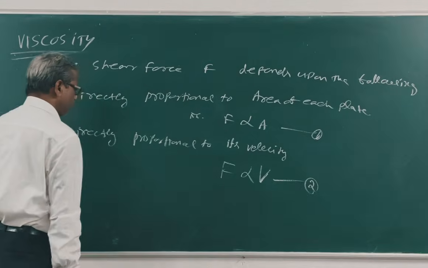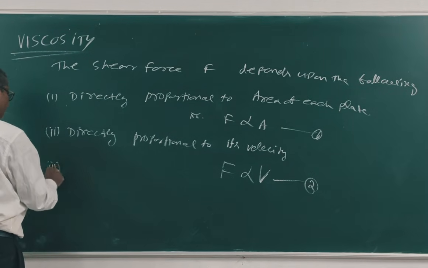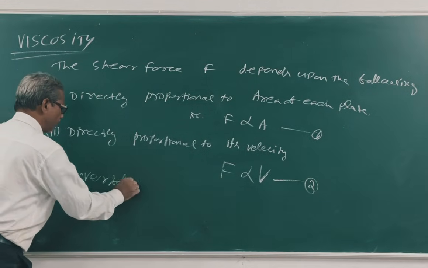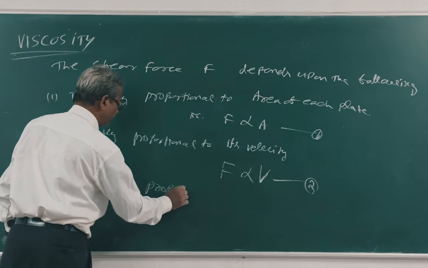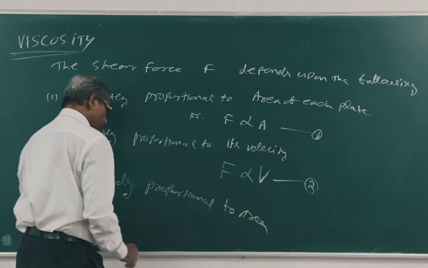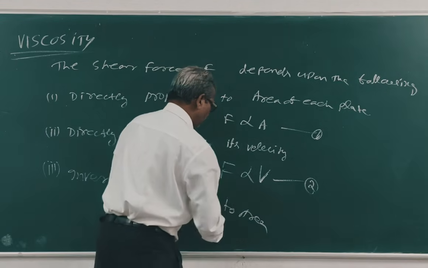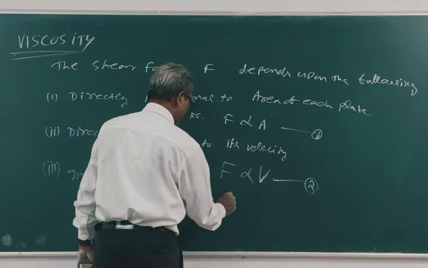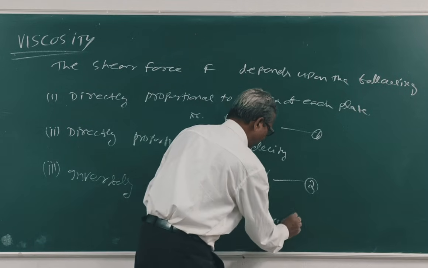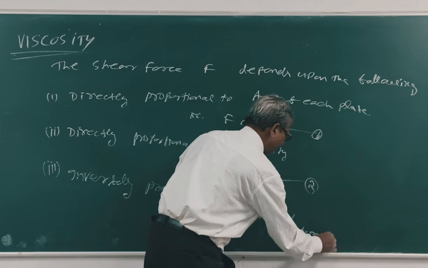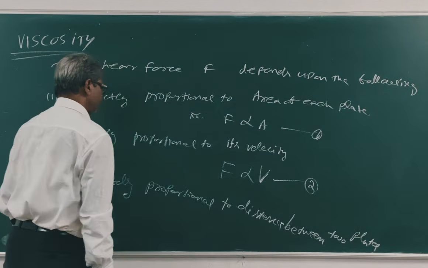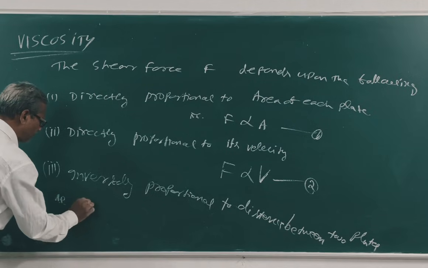Clear? Number 3, inversely proportional to the distance between two plates, that is F is proportional to 1 by y.